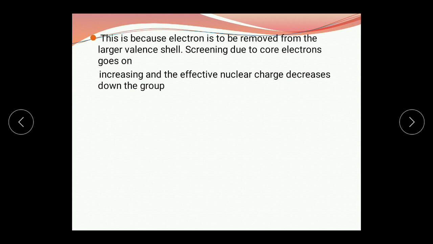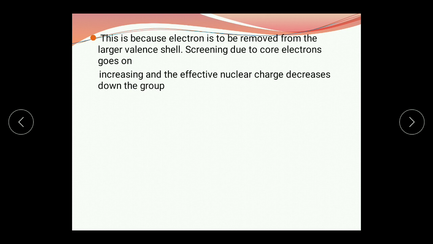So the energy needed to remove an electron is called ionization enthalpy. As we move down a group, a valence shell is added. That means the outermost shell goes further away from the nucleus, and hence there is a decrease in the effective nuclear charge, and screening goes on increasing.